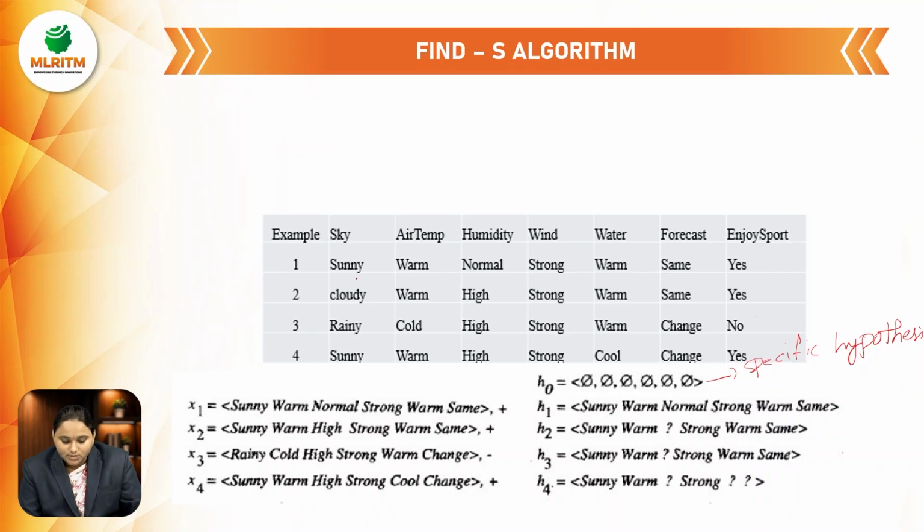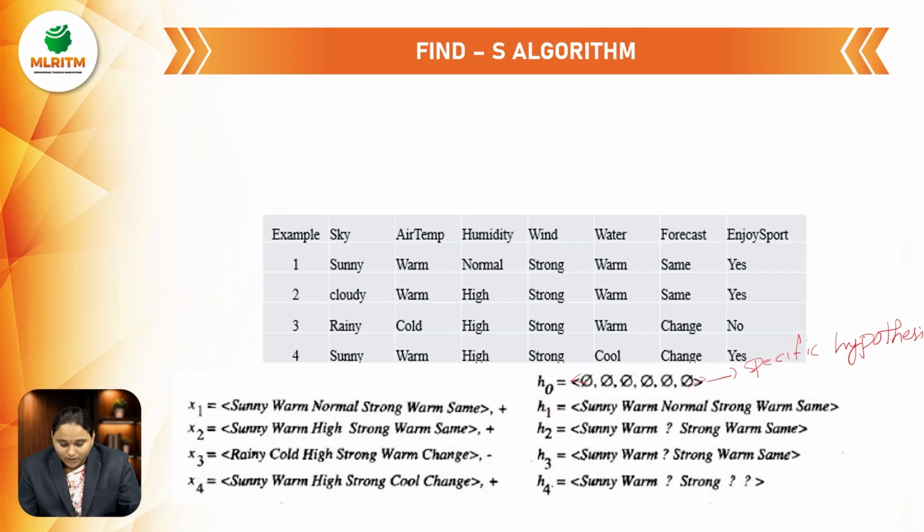In this we have 1, 2, 3, 4, 5, 6 attributes, so we write phi six times in H0, initialized with phi. 1, 2, 3, 4, 5, 6. Six phi's I have done. This representation is a concept learning representation.